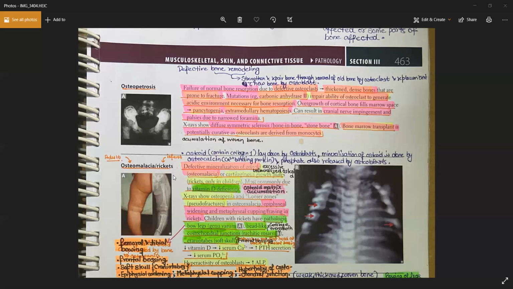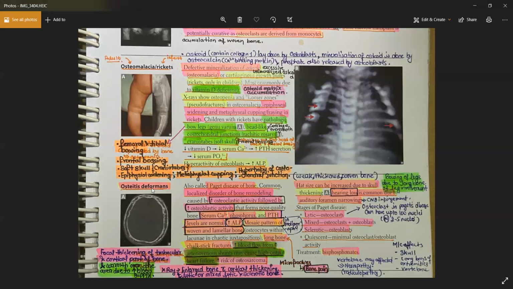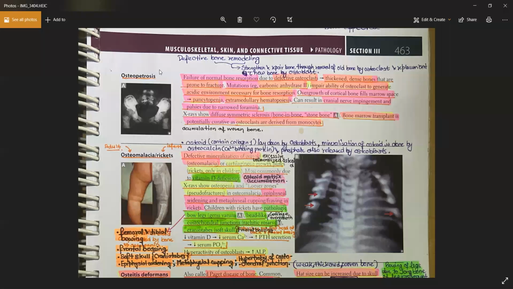So you guys know that in osteitis deformans, also known as Paget's disease, you will have increased bone formation over bone resorption in the later stages, when the osteoblast activity becomes too much. And in osteopetrosis also, you have bone formation too much compared to bone resorption.